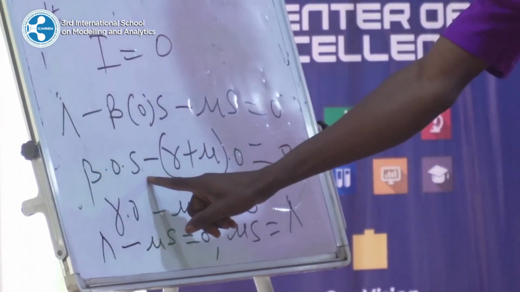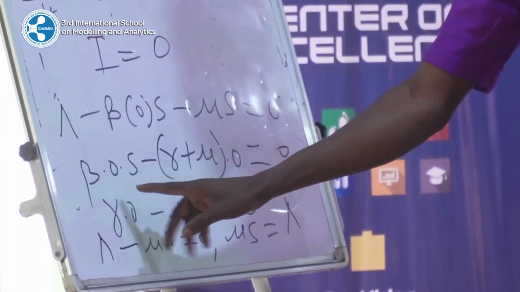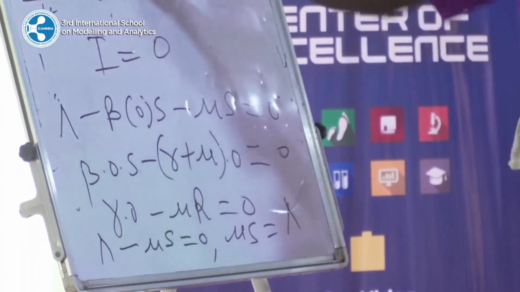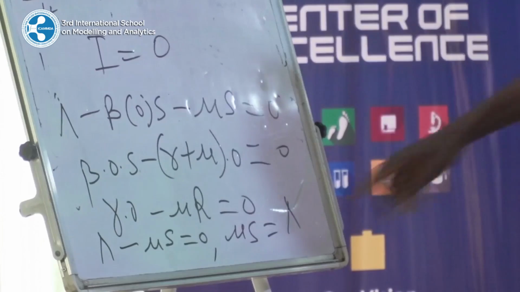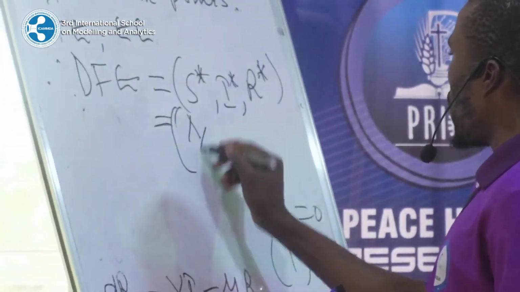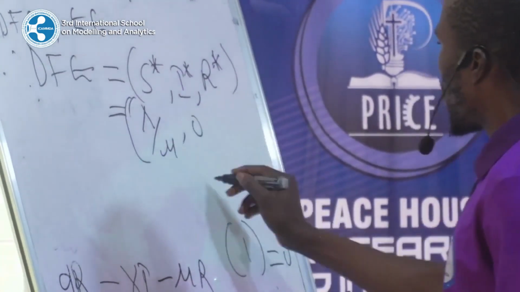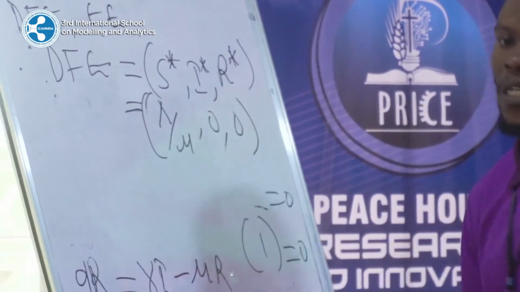This one, beta times 0 times S. No, for the second equation, you know we have 3 equations. So if you now solve this, we are going to have lambda over mu, comma 0, comma 0. And this gives the disease-free equilibrium.